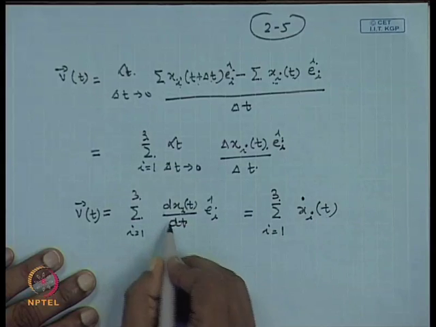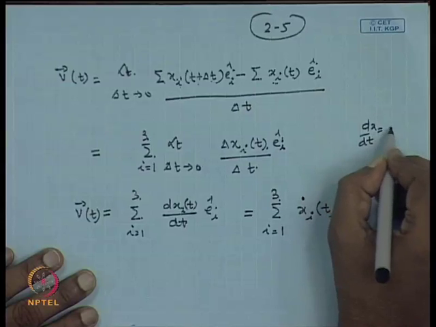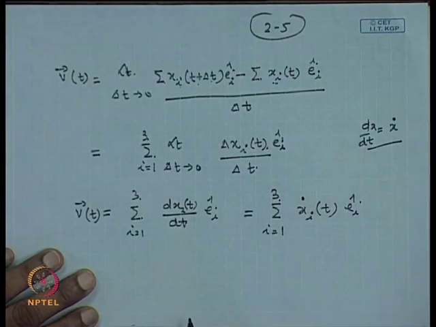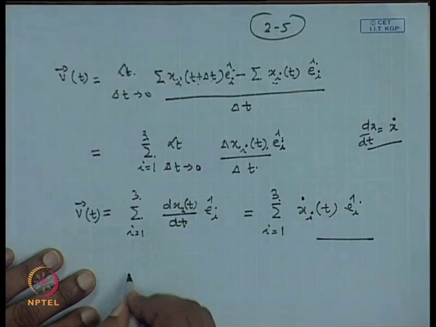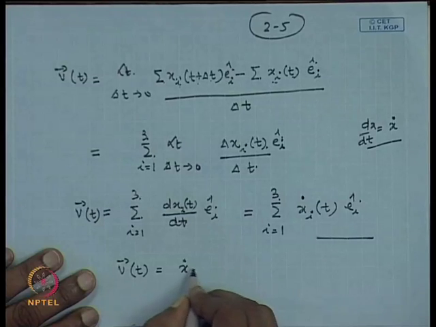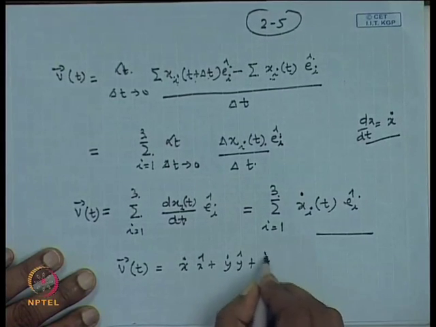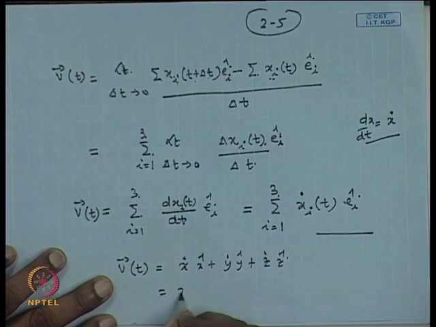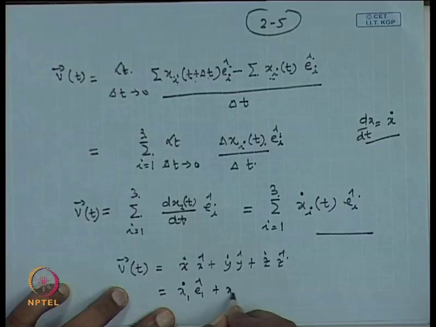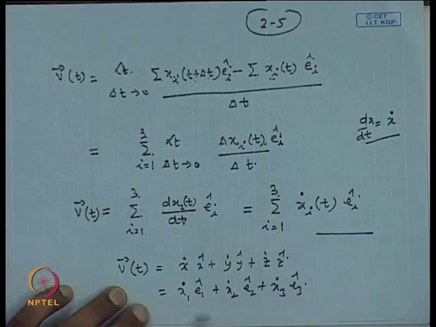This is the derivative d by dt of x, written as x dot. Okay. So, in this simple notation, what does it say, that V t becomes equal to x dot x cap plus y dot y cap plus z dot z cap, or either you write the same thing as x 1 dot E 1 cap plus x 2 dot E 2 cap plus x 3 dot E 3 cap.